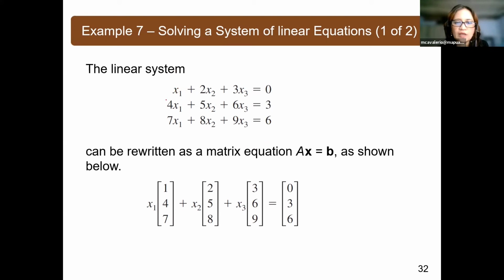Say we identify our column 1 to be 1, 4, and 7, column 2 to be 2, 5, 8, and column 3 to be 3, 6, 9, multiplied by their coefficients x sub 1, x sub 2, and x sub 3, equivalent to 0, 3, and 6. This one is actually the linear combination of the column vectors, which is equivalent to B.